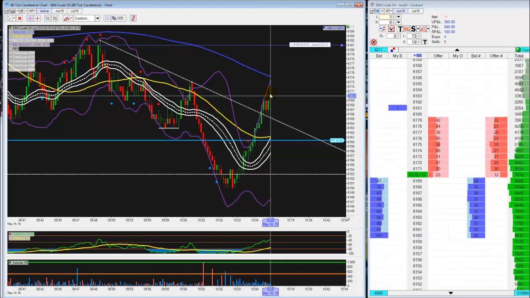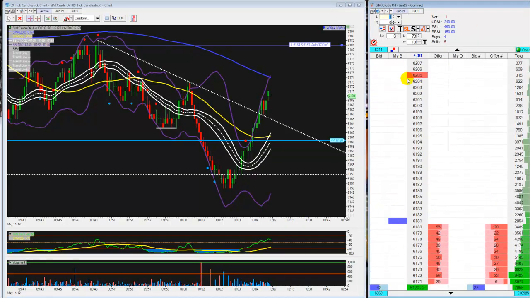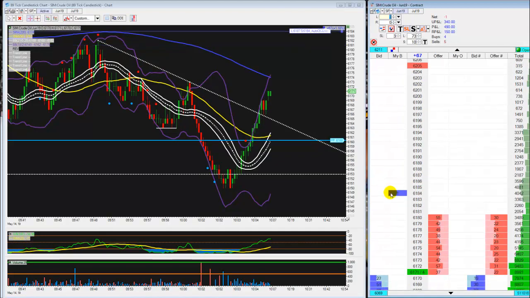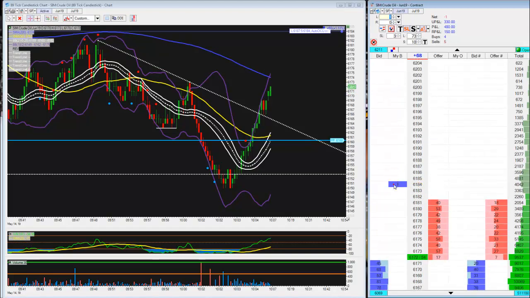Oh, come on, you bastard. All right, let's think here. We have 20 ticks at 85. So let's hold 84. That'll be 21. 83.